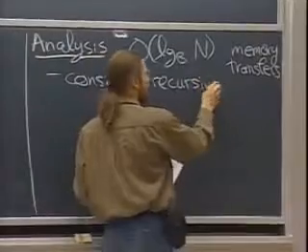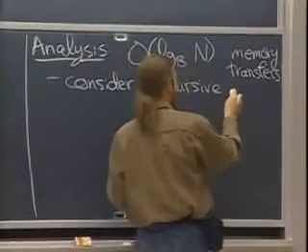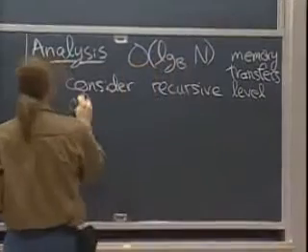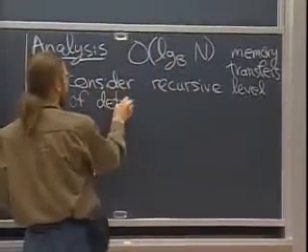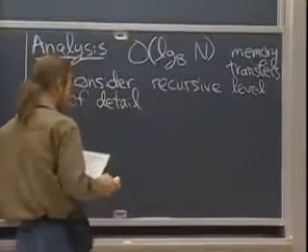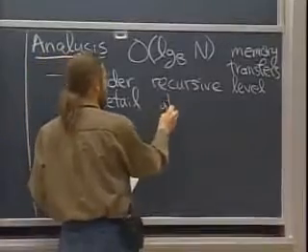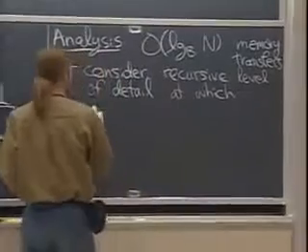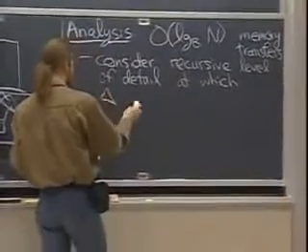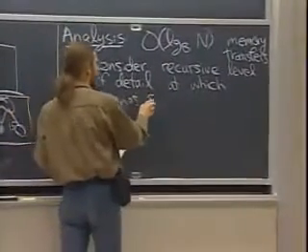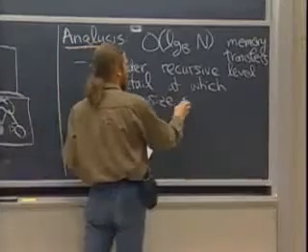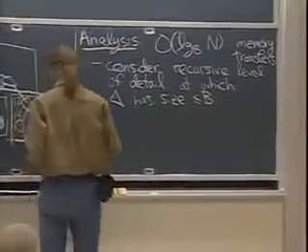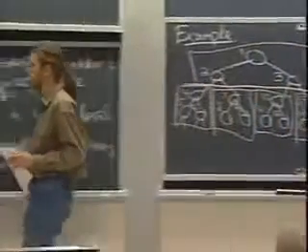I'm imagining expanding all of the recursions in parallel. This is some level of detail, some level of refinement of the trees, at which the tree you're looking at, the triangle, has size, in other words, the number of nodes in that triangle is less than or equal to b. Okay, so let me draw a picture.